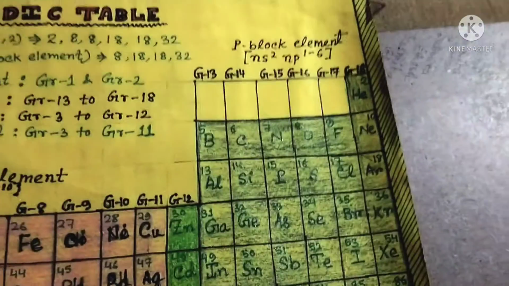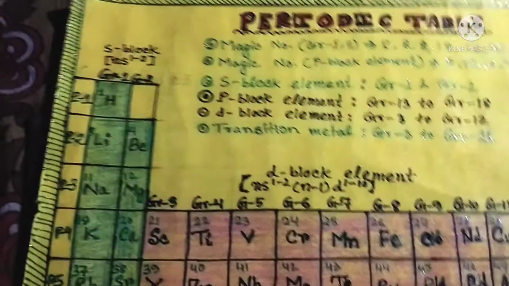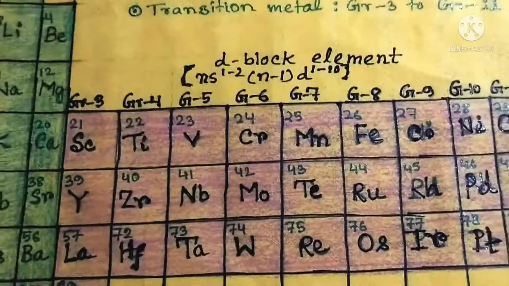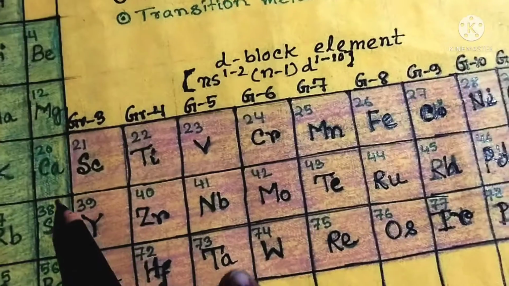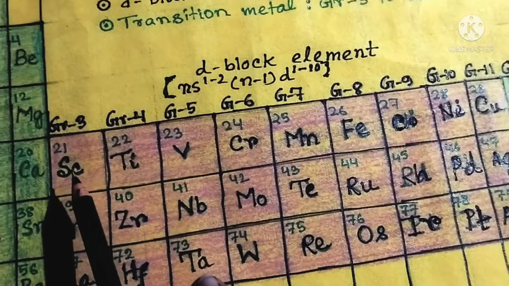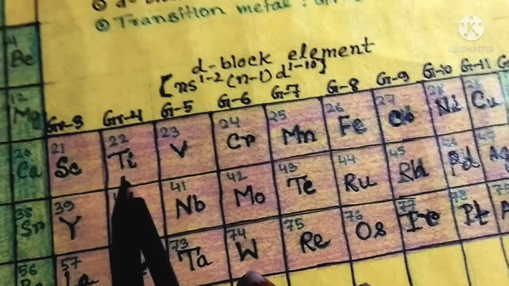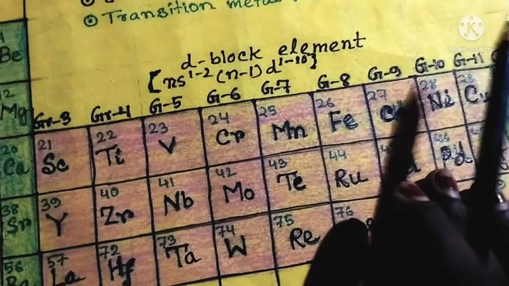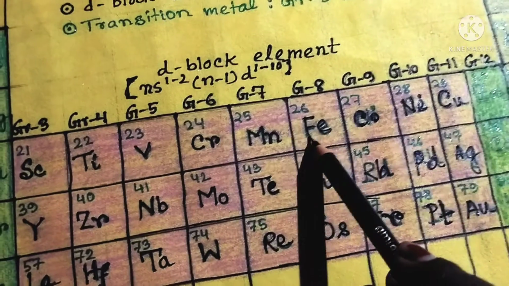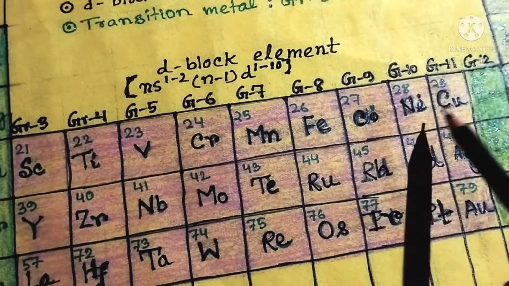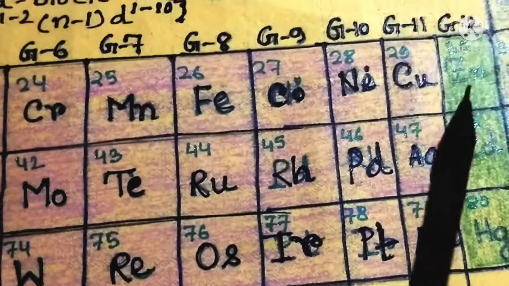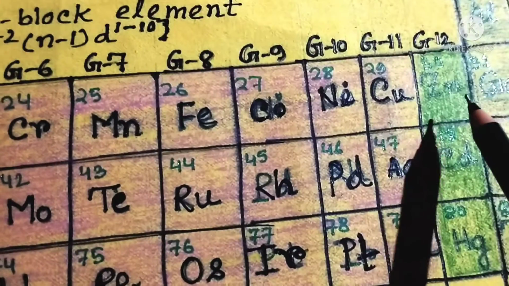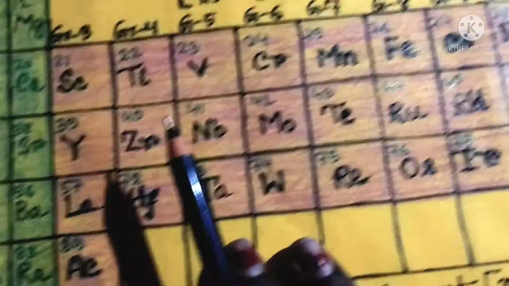So we completed P block elements and S block elements. Now come to D block elements. Now here for calcium it is 20. So next is scandium 21, titanium 22, vanadium 23, chromium 24, manganese 25, iron 26, cobalt 27, nickel 28, copper 29, and zinc 30.